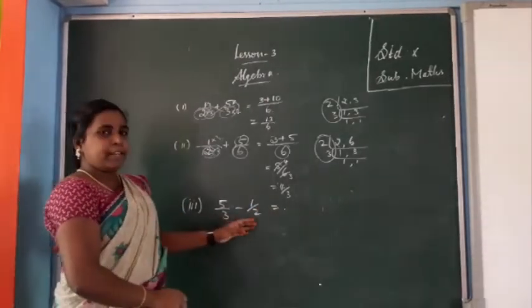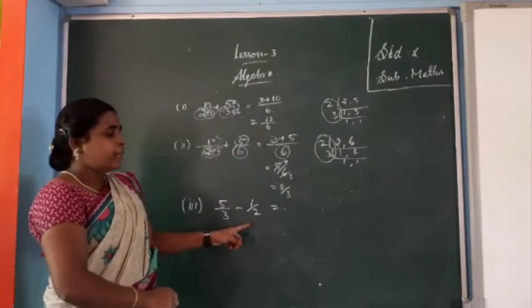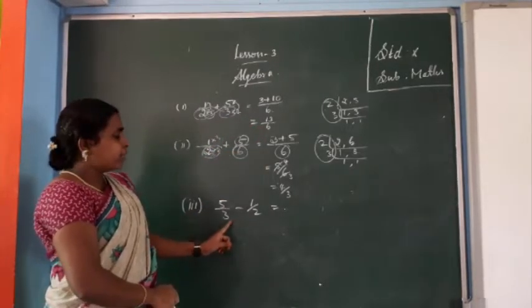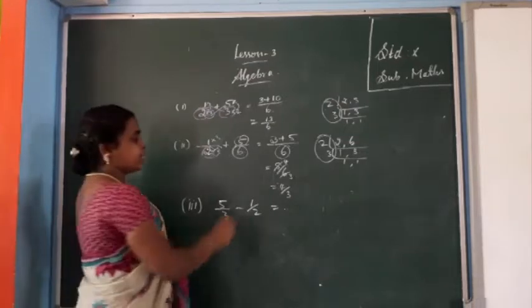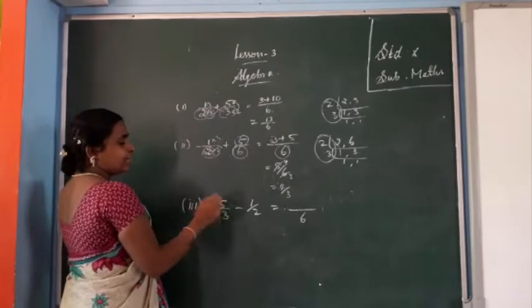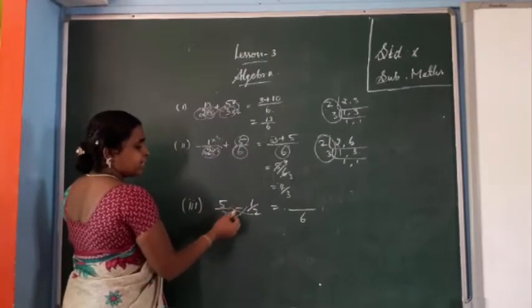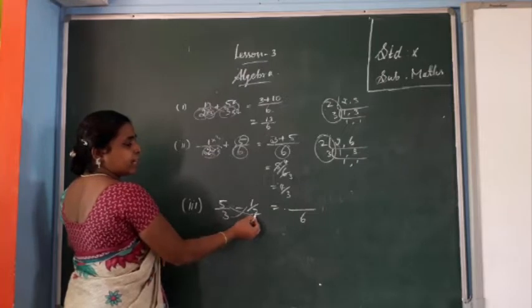The denominators are different, and we know that if the denominators are different we want to check the LCM. So 3 2s are 6, and 6 is the LCM. I am taking the same problem because you want to know the method only. Now you know, you have to cross multiply because 3 is not divisible by 2 and 2 is not divisible by 3.